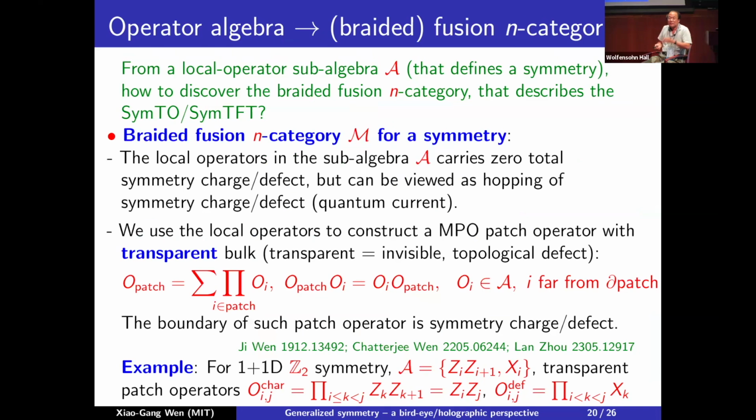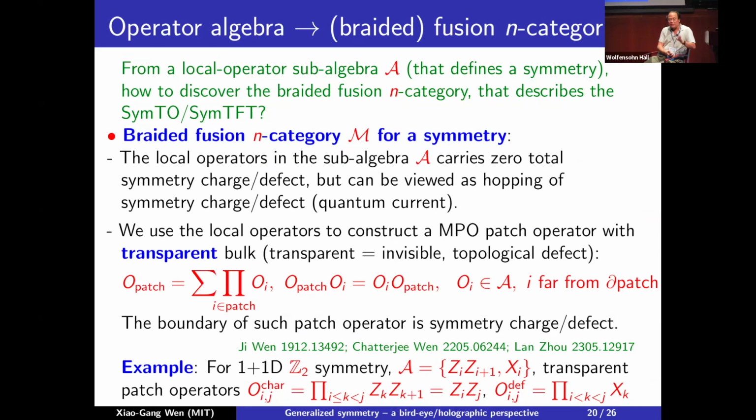Okay, so maybe in the last 5 minutes, what I described so far is just pictures and looks like wishful thinking. So now I'll do some more serious calculation. Can we do some more serious calculation to support this picture? What do we want to achieve?